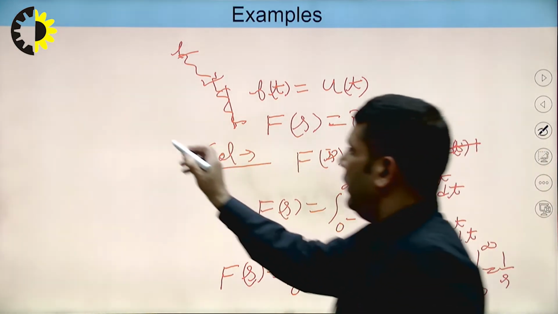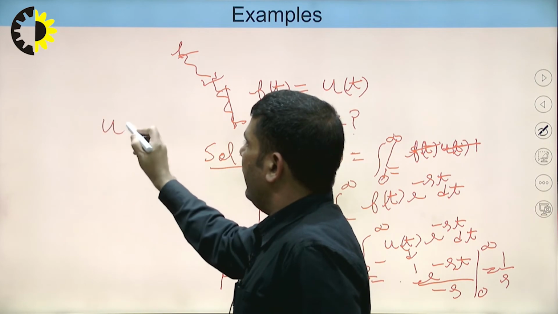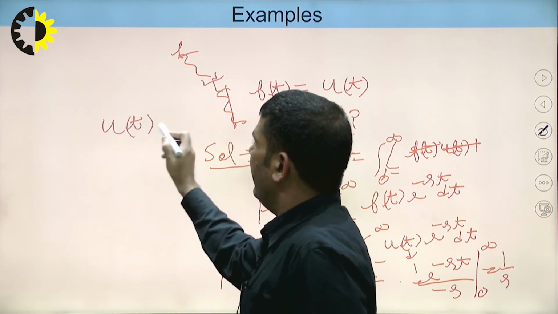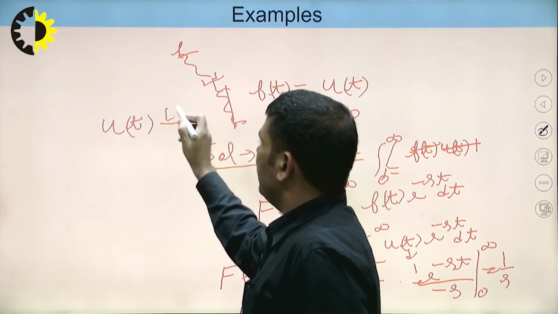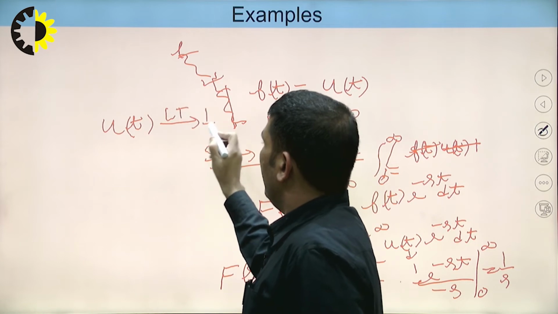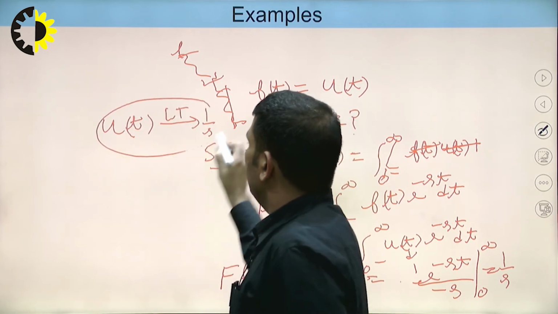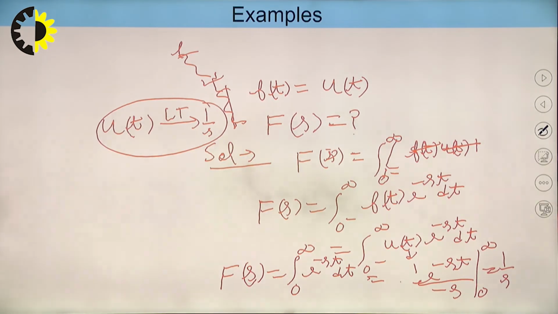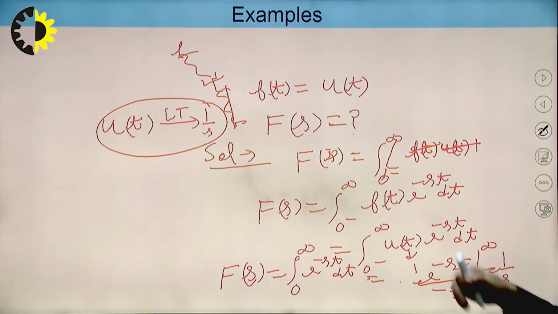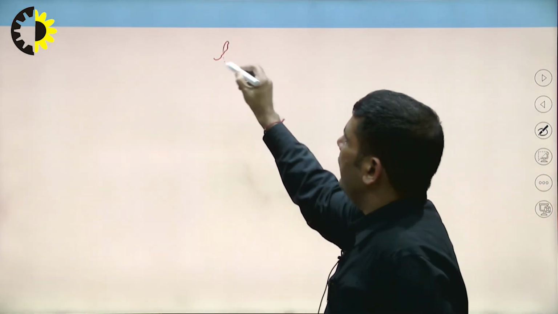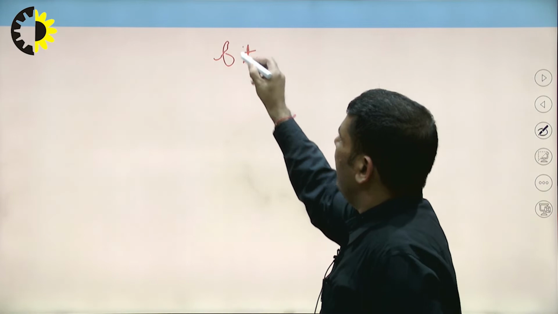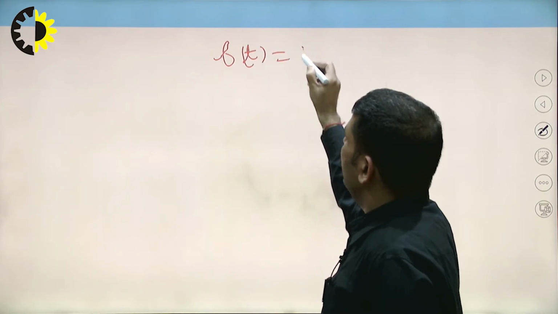So you can say the Laplace transform of ut is 1 upon s. Okay, so this is one example. So let us discuss another example. Now suppose ft is equal to kut.